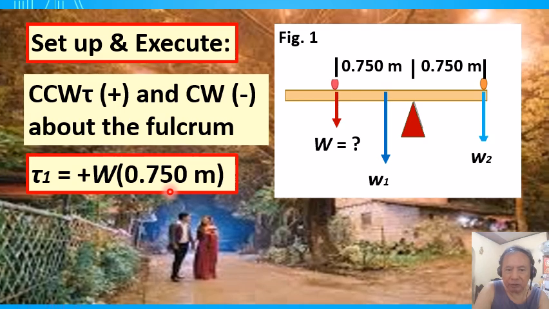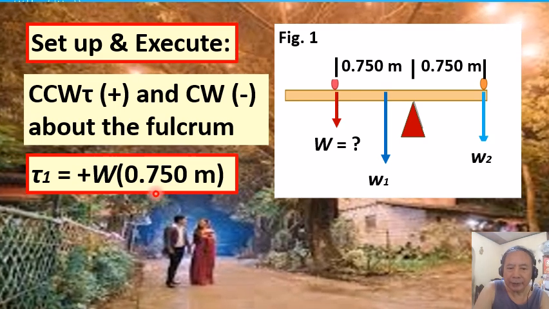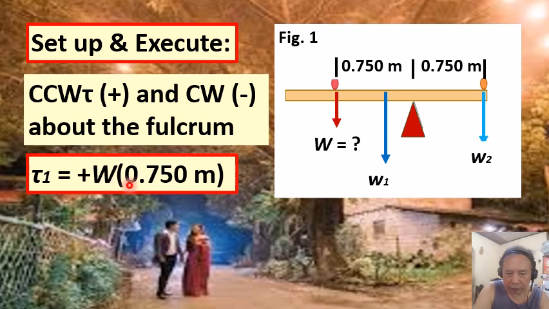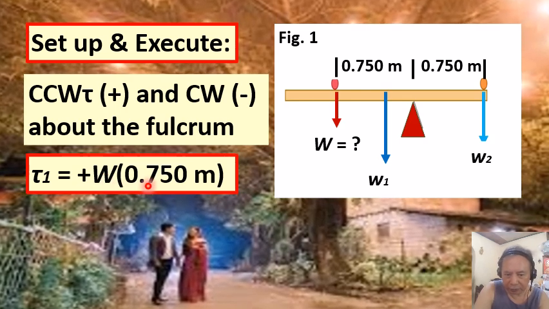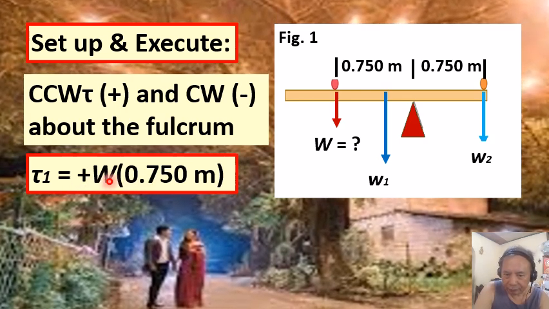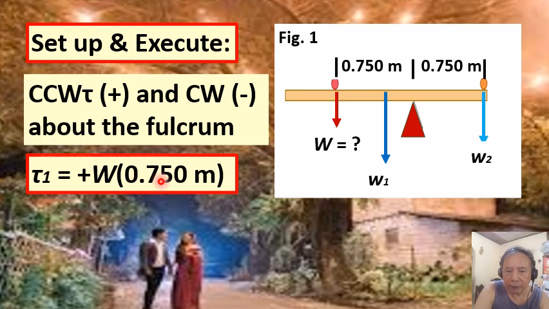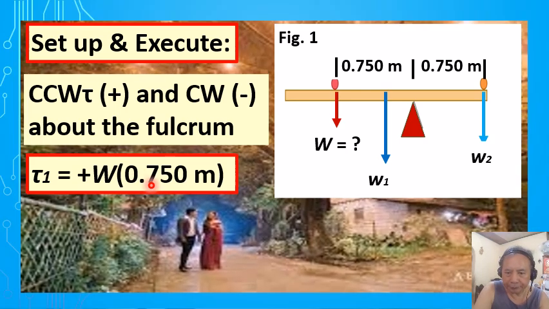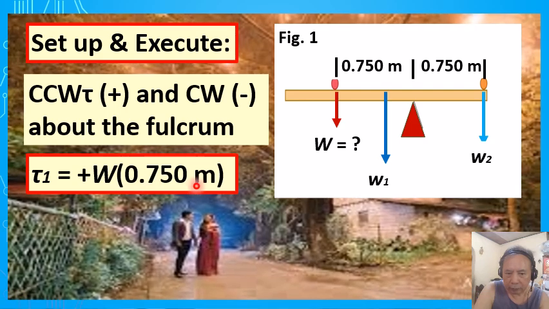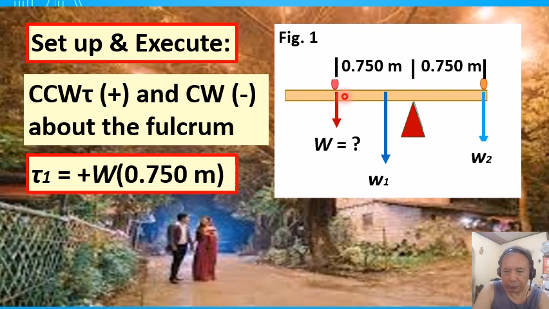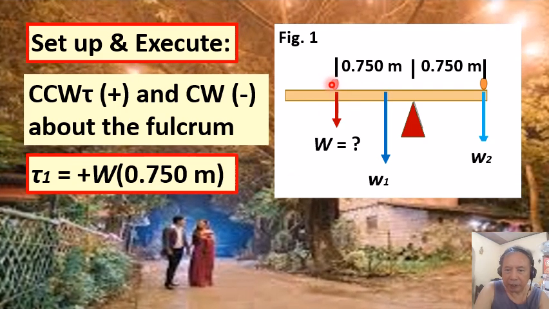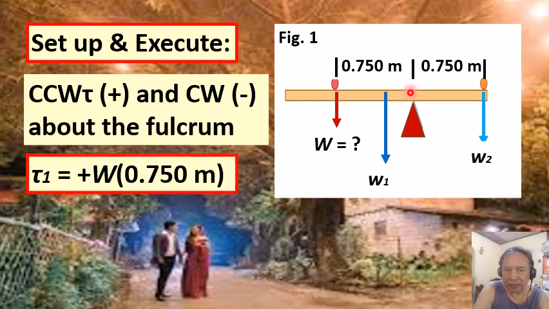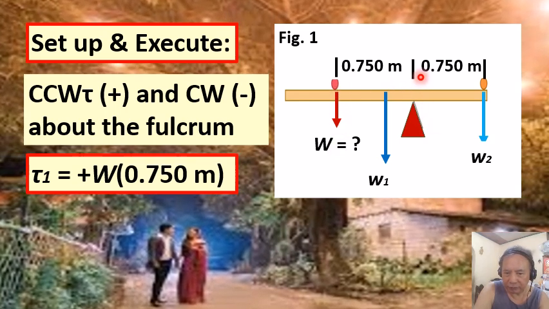And by definition, torque is just the product of the force, or in this case, the weight W, and what we call the moment arm. When we say moment arm, we are referring to the perpendicular distance from the line of action of the force to the chosen axis of rotation.